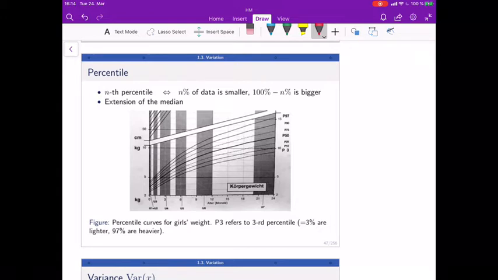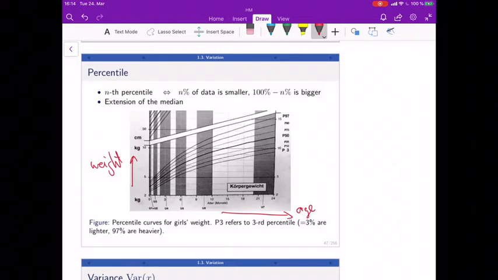Most commonly used, maybe some of you have kids, know this chart. So this is the age here, going from left to right in months. And there's, for example, the weight. And then you can look up, okay, let's say you've got a kid that's 1 year, 12 months.